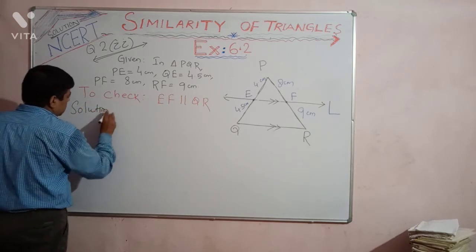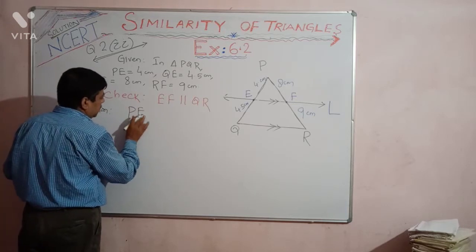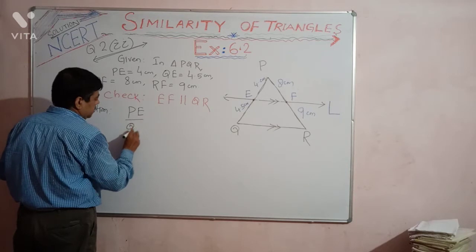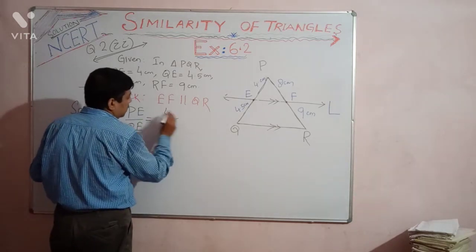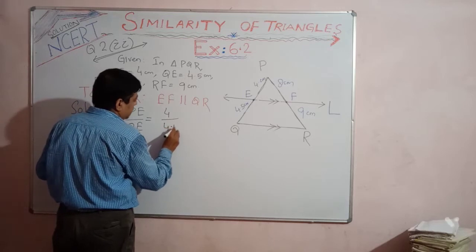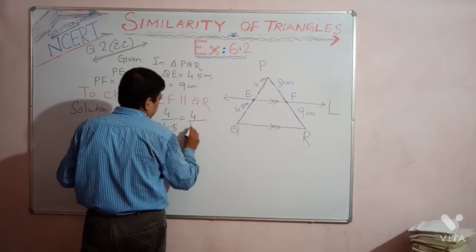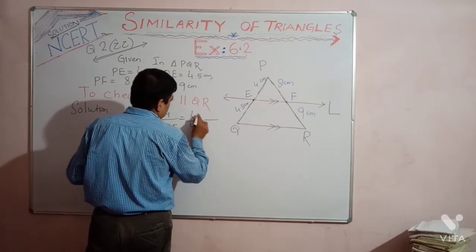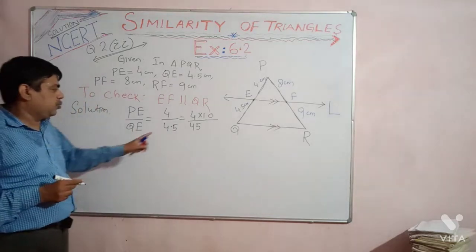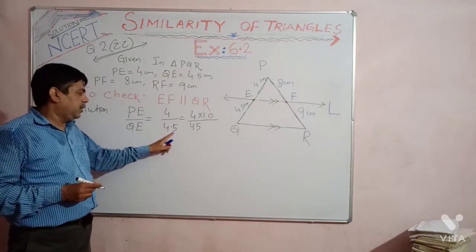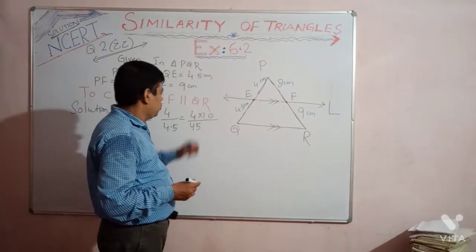Find the ratio of PE and which one? QE. The length of PE is given as 4 cm by 4.5 cm. Here 4 divided by 4.5, remove the decimal, write down 1 and put 0. In 4.5 the decimal part has 1 digit, so in the numerator write down 1 and put 1 0.